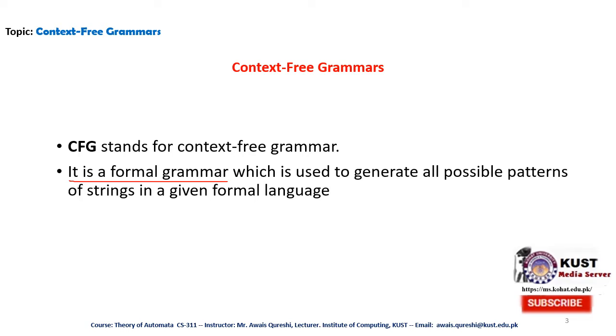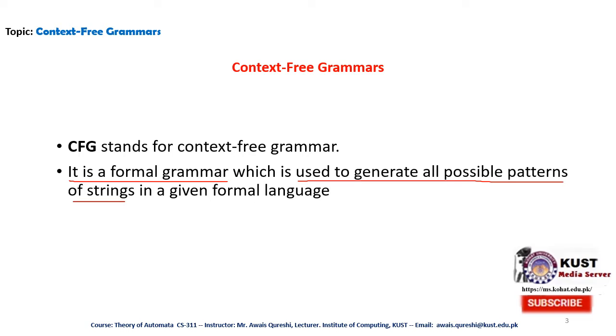A context-free grammar is not different from an ordinary grammar, but it is a formal grammar, which is used to generate all possible patterns of strings in a given formal language. The purpose of context-free grammar is to generate all possible patterns of strings, and you know what we mean by a pattern of a string.